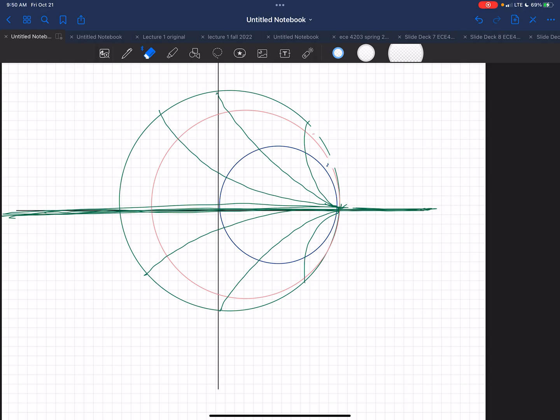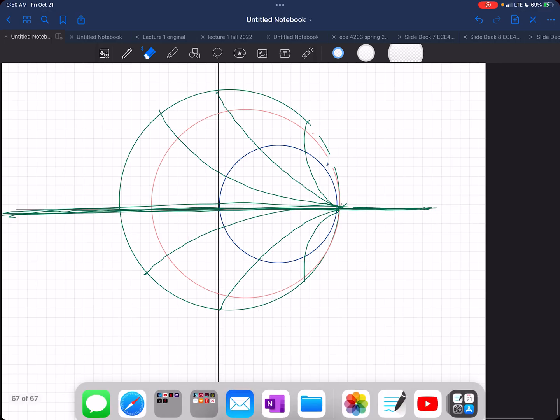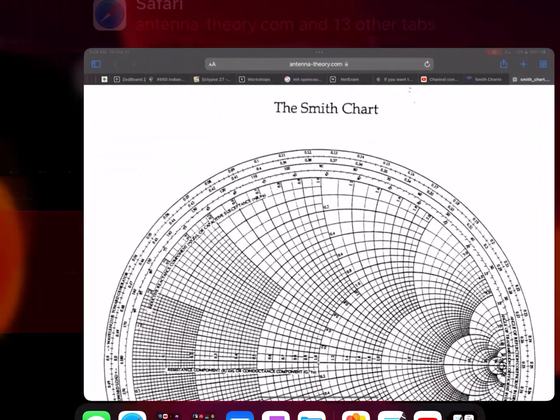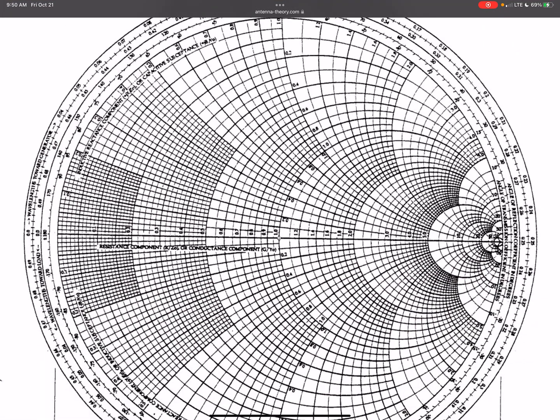What you'd normally do, if you were going to do this by hand, is print out a copy of the Smith chart, which you can download as a PDF on the web.